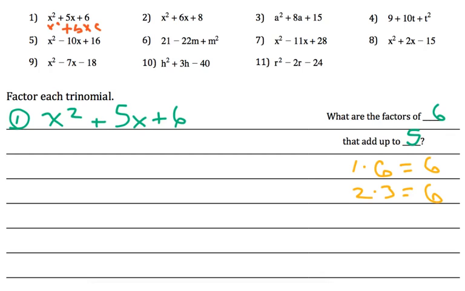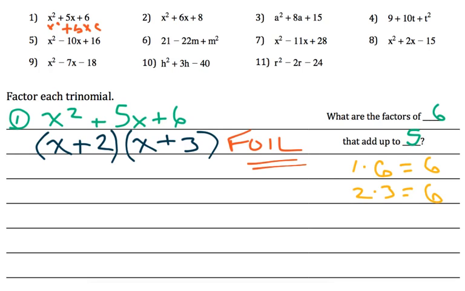The cool thing is, now that you've done that work, you're going to write this as x plus 2 times x plus 3. It's like we're going back to where we would have had an older FOIL type problem, and that's how we would get there.